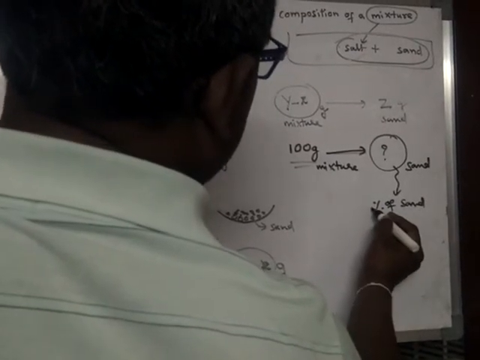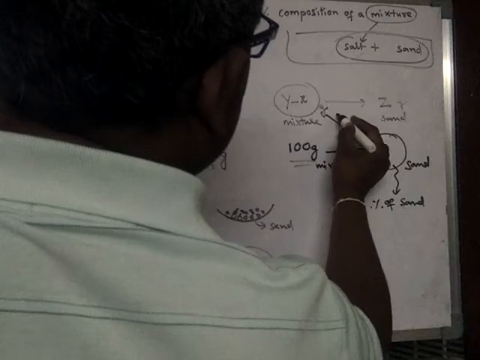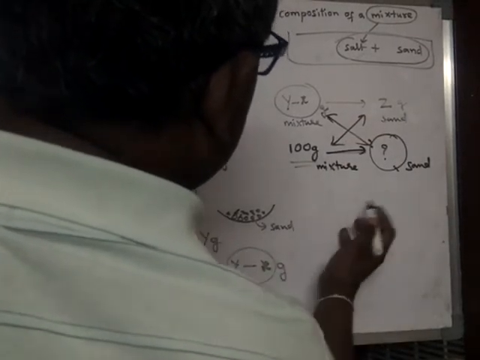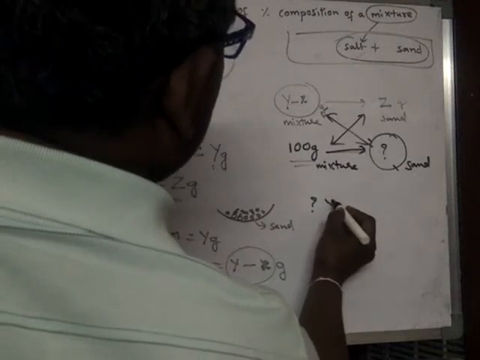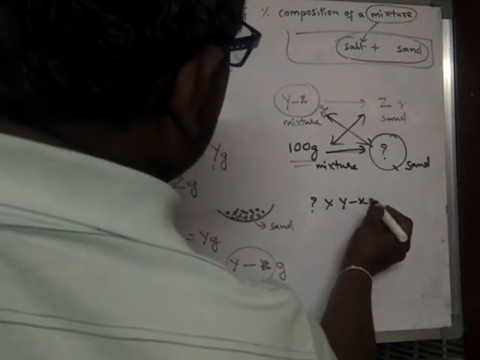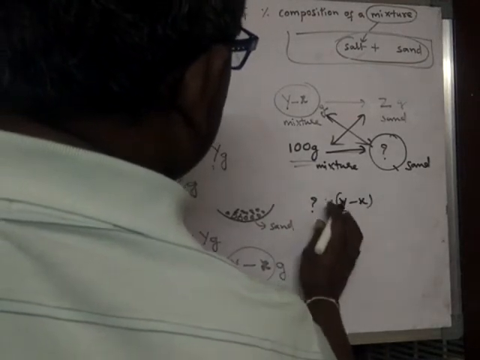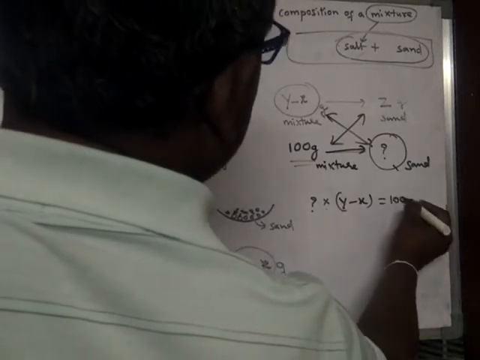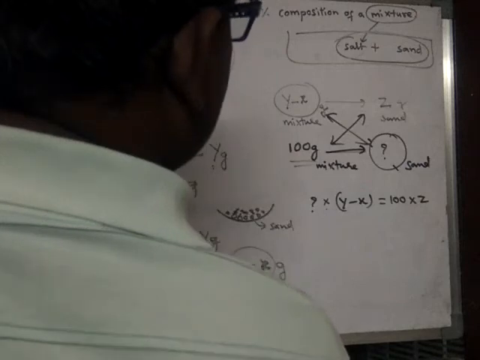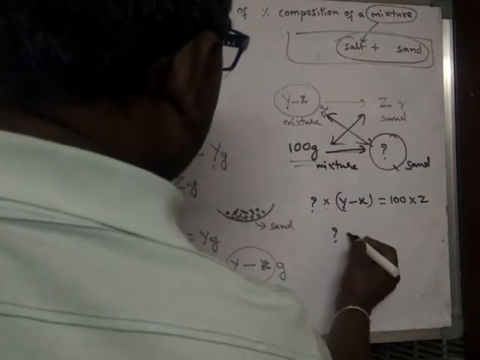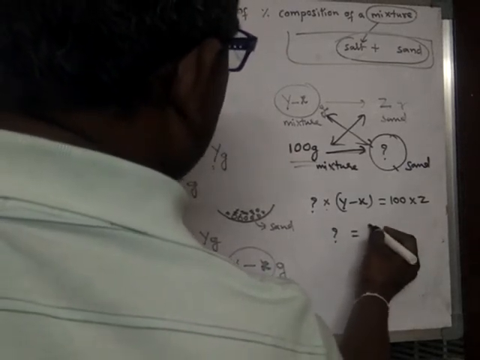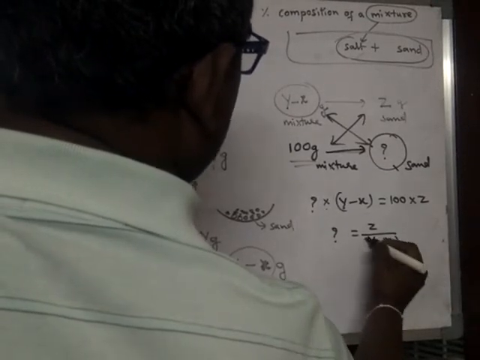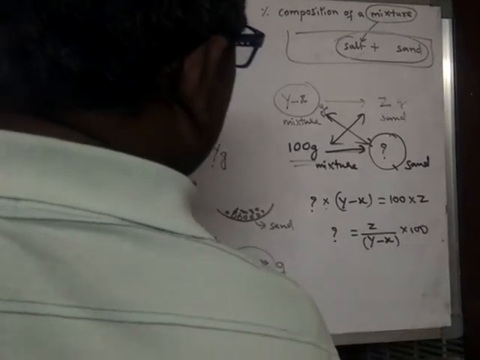Upon cross multiplying, percentage of sand into Y minus X is equal to 100 into Z. Therefore, percentage of sand is equal to Z by Y minus X, into 100.